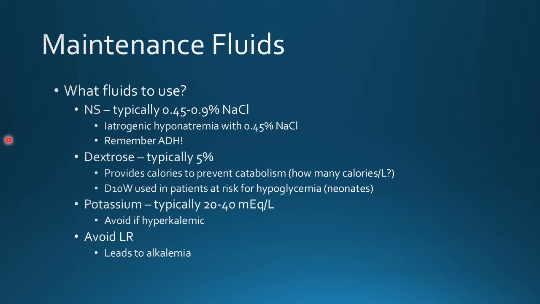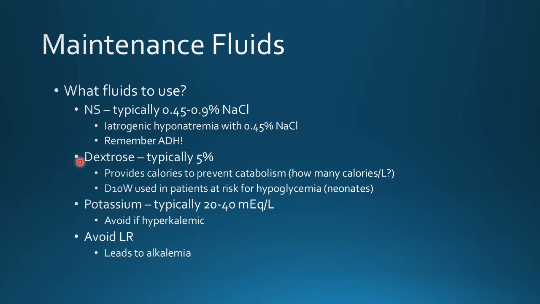So typically dextrose, typically 5% for most patients. Again, this is to help provide calories when the patient is NPO and they're not taking any food in. Now, the question is, well, how many calories are they getting per liter here? We can actually do that calculation. So looking at D5%, remember how we figured out how many milligrams per ml there were of a concentration when you see it like that? Remember, you just move the decimal place over one spot?